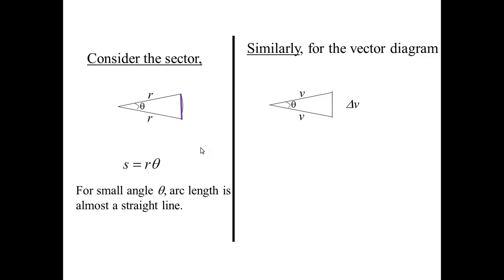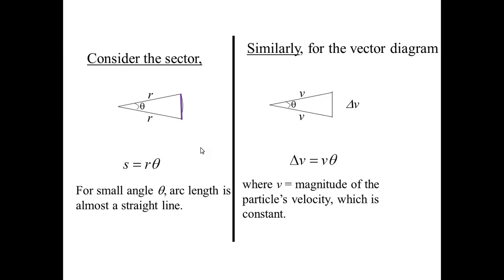If you compare the two triangles, I can find my delta v using v times theta, just like r times theta. v is the magnitude of the particle's velocity, which is constant. So delta v is v theta, and your a will be v theta over delta t.